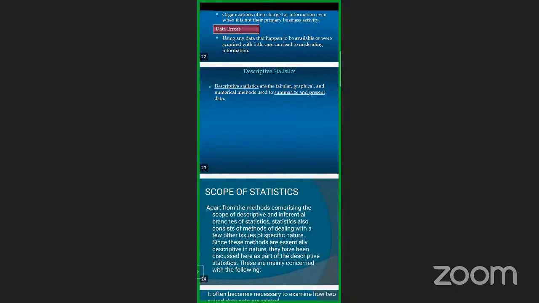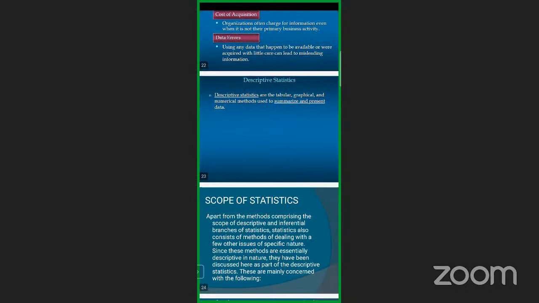And the scope of statistics: apart from the methods comprising the scope of the descriptive and inferential branches of statistics, statistics also consists of methods of dealing with a few other issues of a specific nature. Since these methods are essentially descriptive in nature, they have been discussed here as a part of descriptive statistics, and they are mainly concerned with the following.